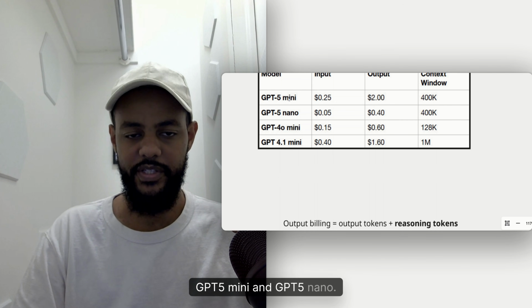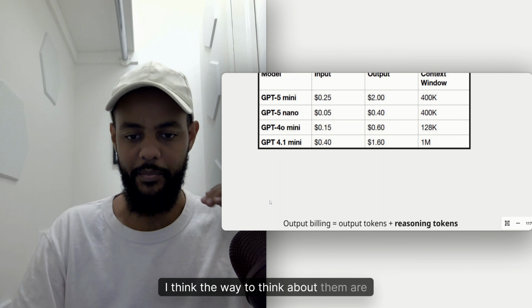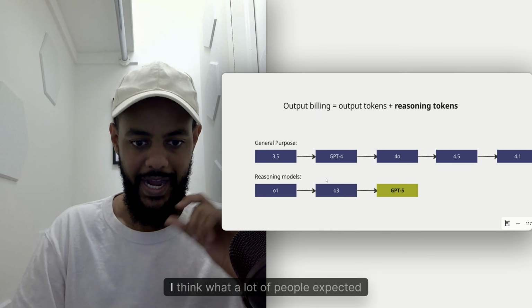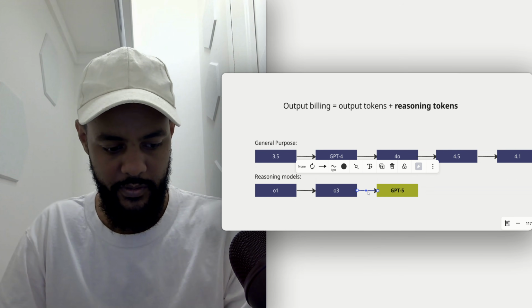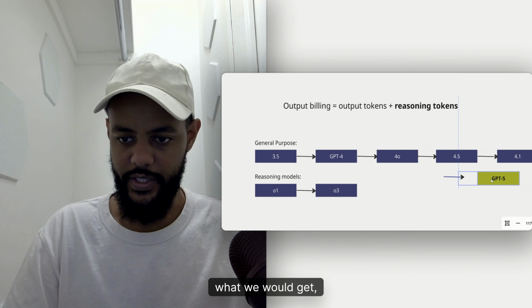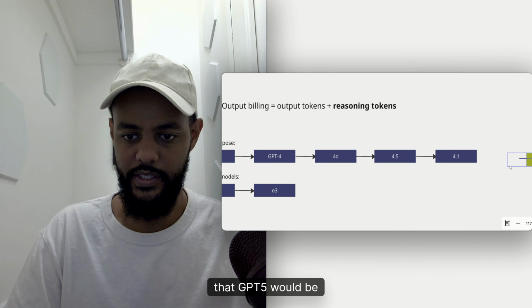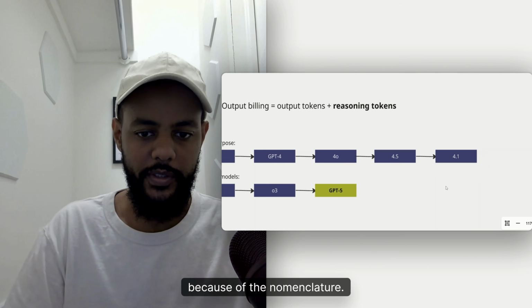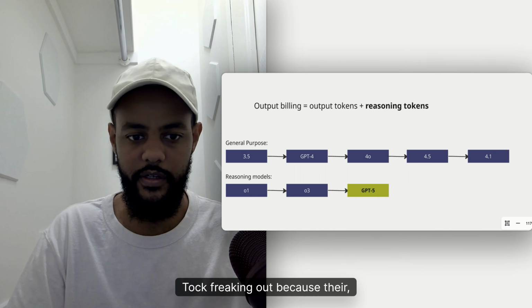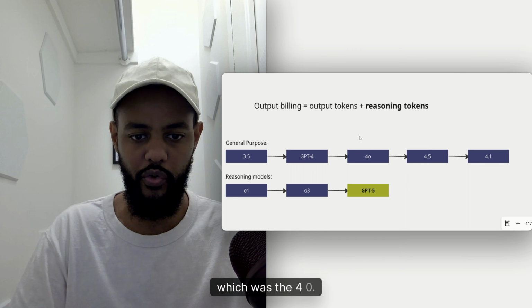GPT-5 mini and GPT-5 nano, I think the way to think about them is as part of the reasoning model line of models. I think what a lot of people expected, because of the naming structure, is that GPT-5 would be over here, because the nomenclature makes sense. And this is why you had all the people on TikTok freaking out because their therapist disappeared, which was 4.0, right?